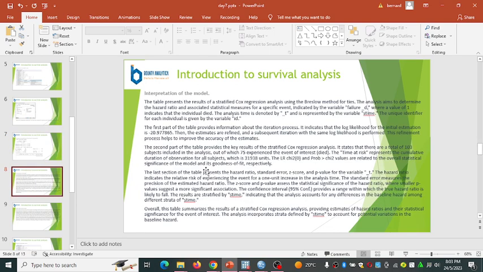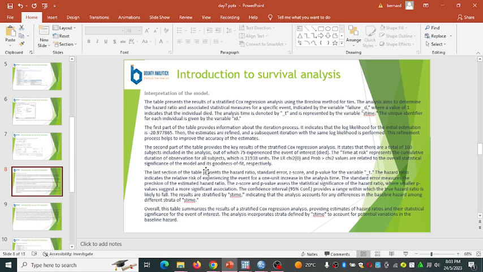That table, or that output, represents the result of a stratified Cox regression analysis using the Breslow method for ties.